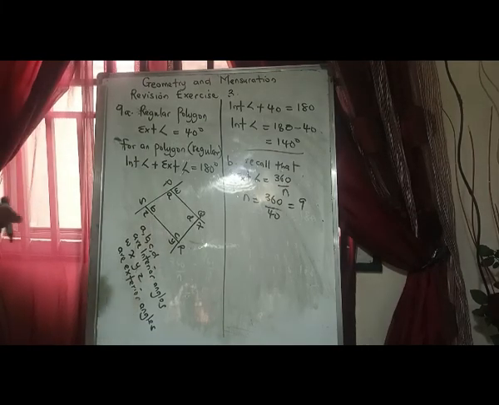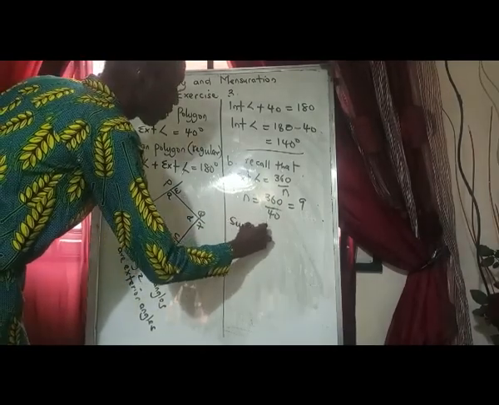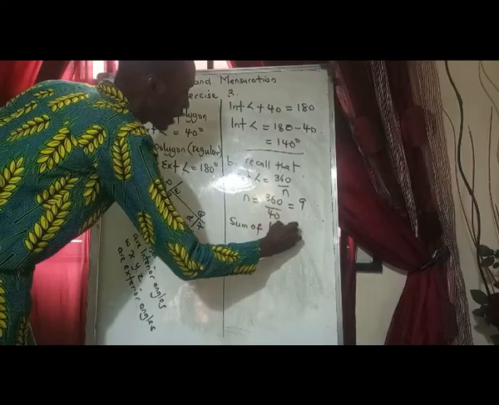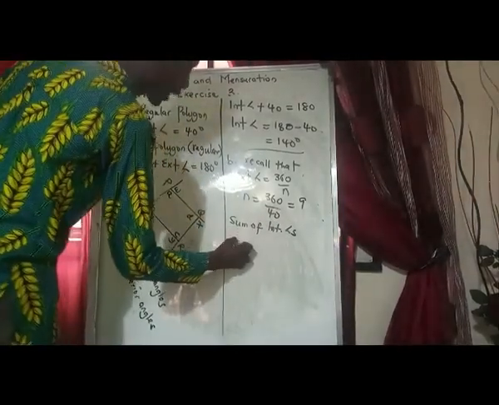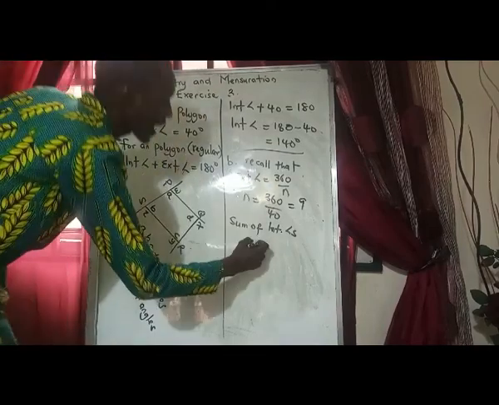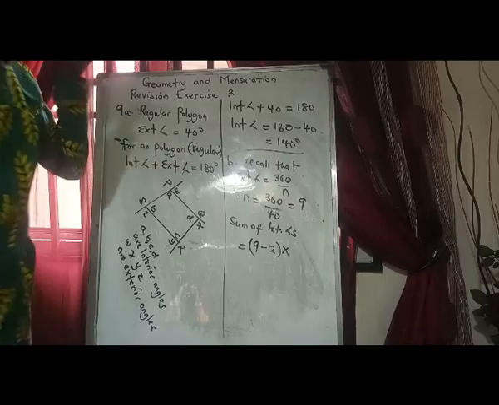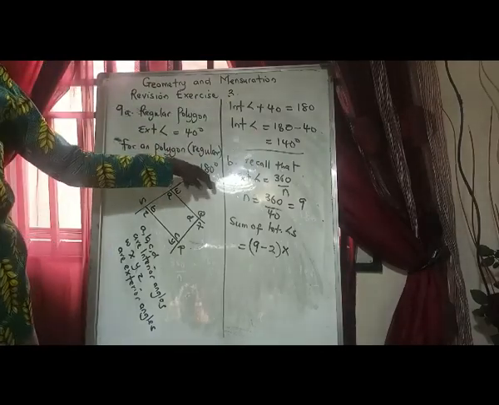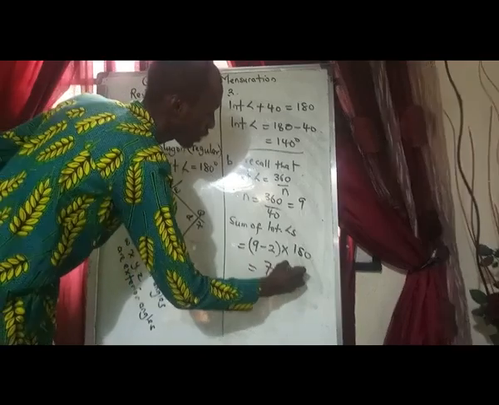Fine. So what will now be the sum of the interior angles? So sum of interior angles, note I have now changed to plural, will now be equal to number of sides 9 minus 2 times 180. So that will simply be 7 times 180.